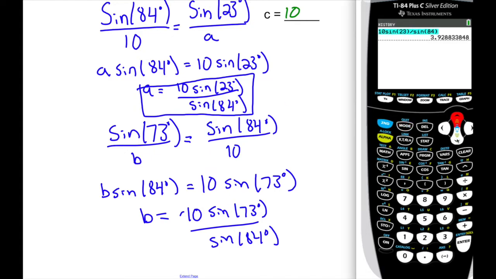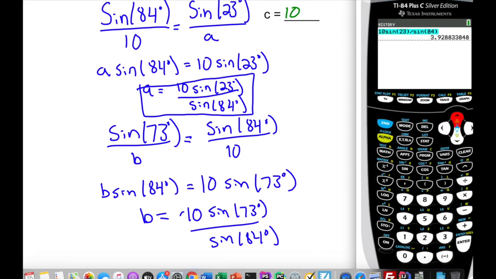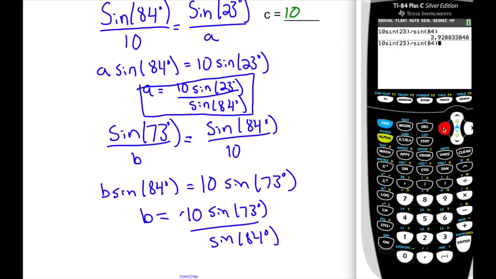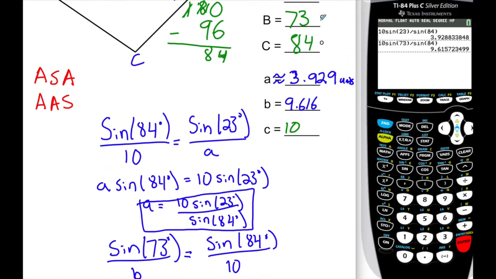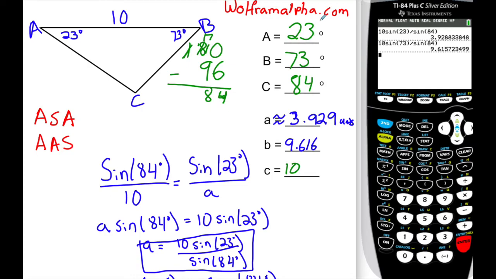To save myself time, on a graphing calculator, if you hit up and highlight something you've already typed in, and then hit enter, it will copy that into a new line. So I'm going to turn this 23 into a 73 and run it again, and I get 9.616. Again, it's not an exact number.